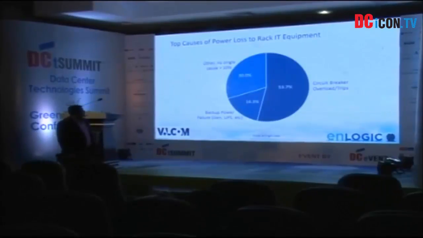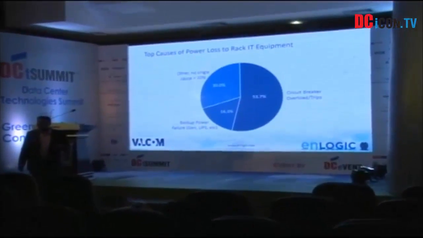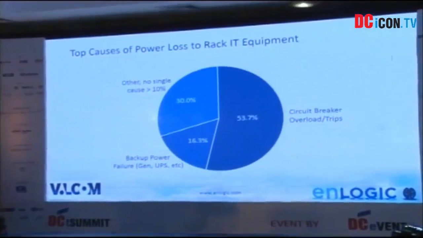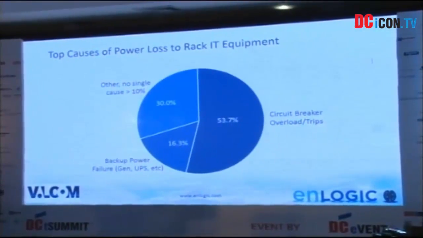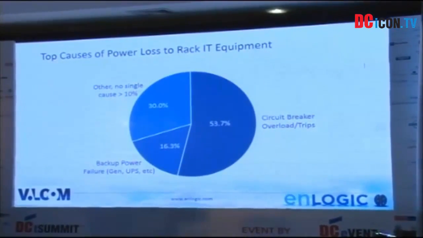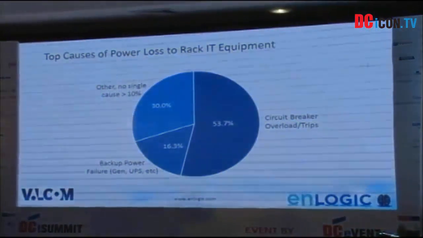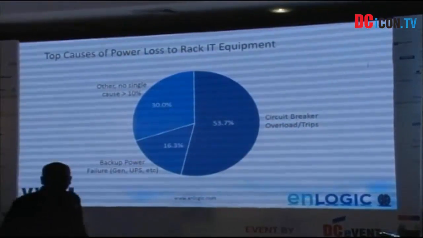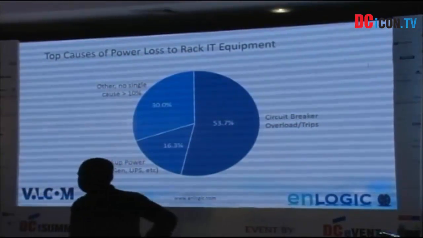And if you look at other issues such as bad design, rodent cuts, power failures, or accidental issues, you will see about 30%. So these are the major factors which cause power loss in a data center.